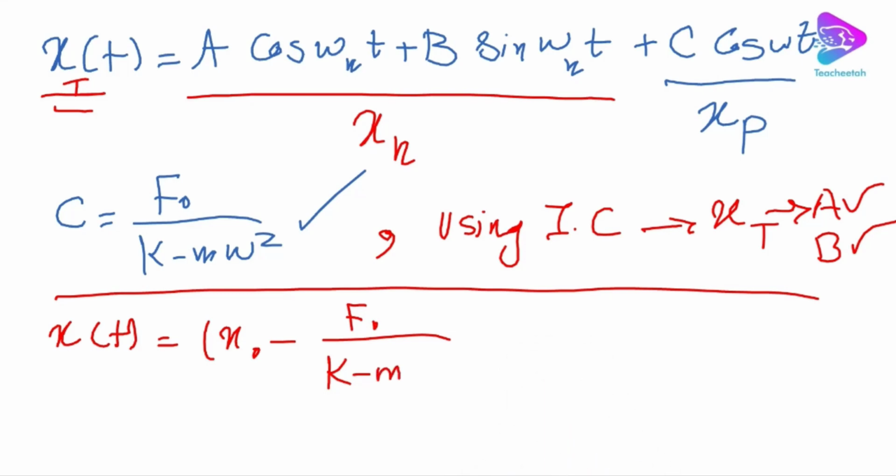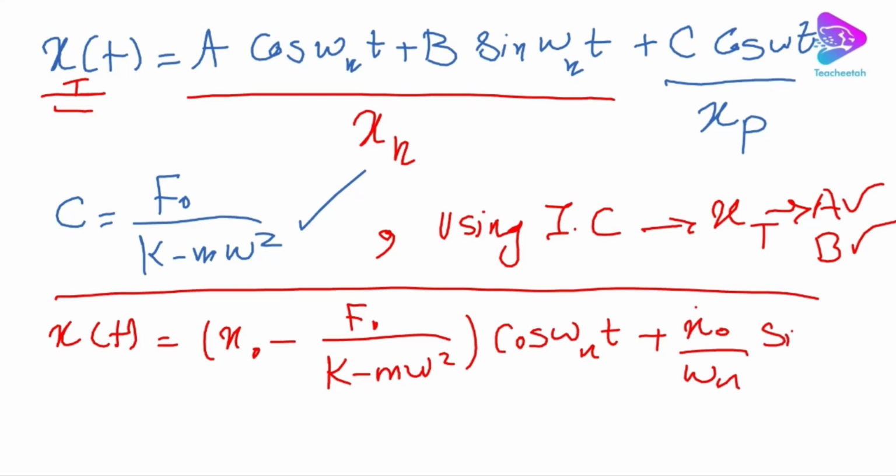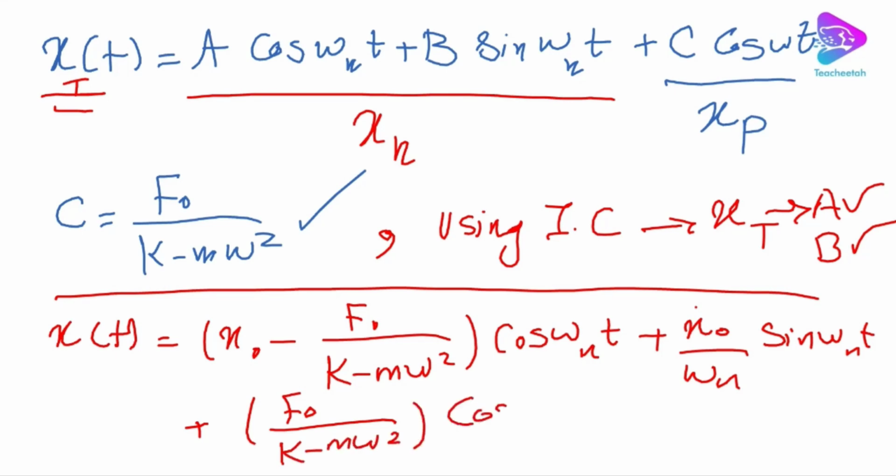So this is times cos omega n t plus x dot naught divided by omega n sine omega n t. This is the homogeneous part, plus what we have for C, which is F naught over k minus m omega squared times cos omega t.